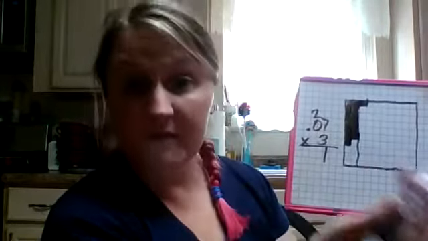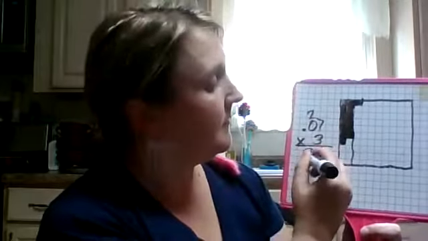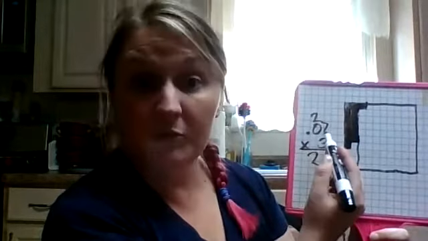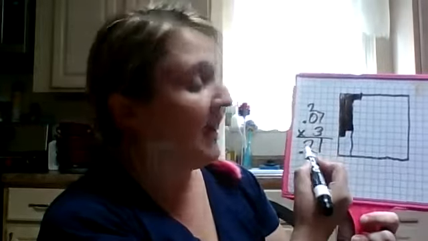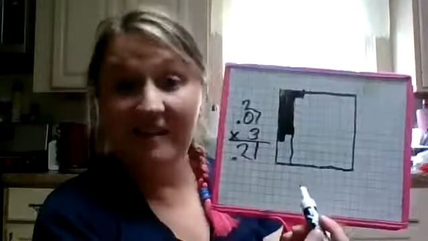And I have to count 2 places to the right of the decimal point. So I need to have 21 hundredths, and that's how many I have colored in. Sorry if that was confusing. I will do one more because I kind of stumbled on that one a little bit.